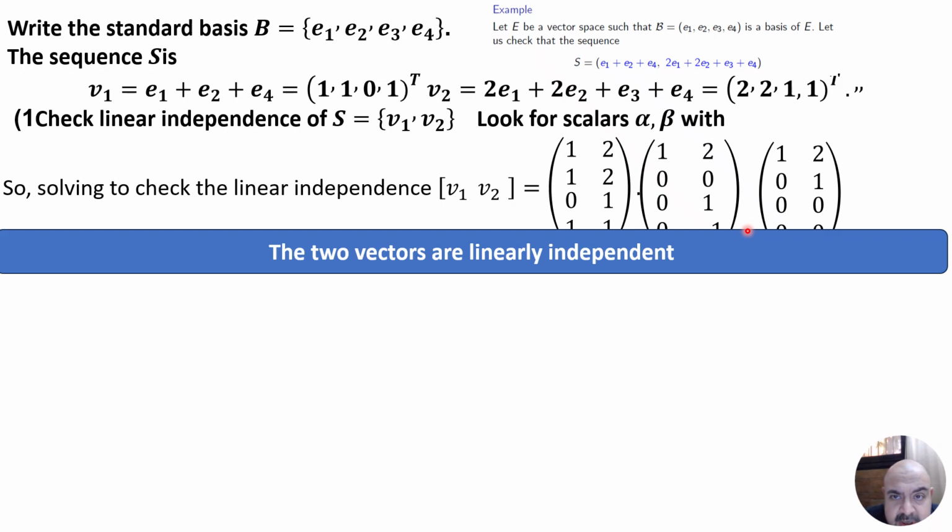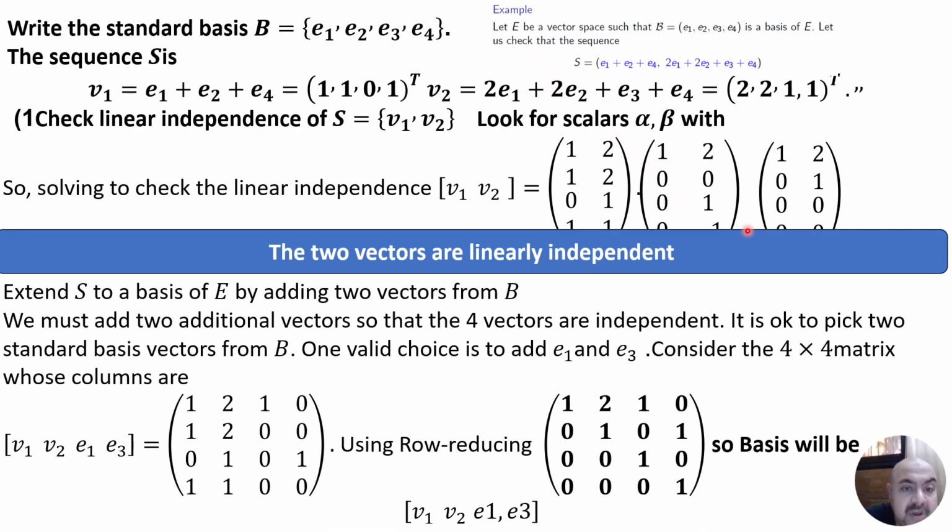Since they are linearly independent, I can continue adding vectors in order to get a basis. So extending this set of vectors, v1 and v2, in order to be able to generate R4 is very, very simple. I will choose two of them. There is no restriction on how to choose, but I've chosen (1, 0, 0, 0) and (0, 0, 1, 0), and I want to check if adding e1 and e3 is going to work or not.